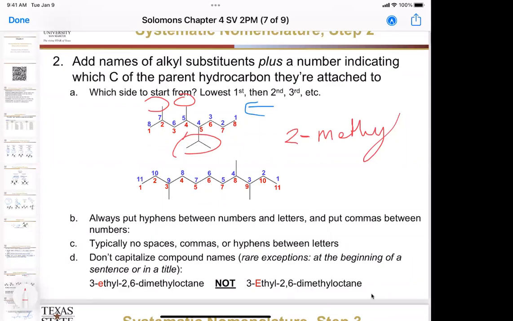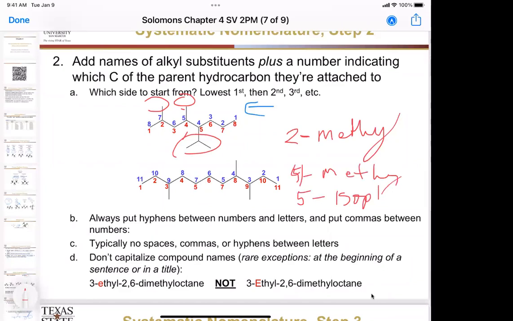Now we have 2 methyl groups, so we're going to have to do a 4-methyl, and then we have a 5-isopropyl. So those are our 3 substituents.